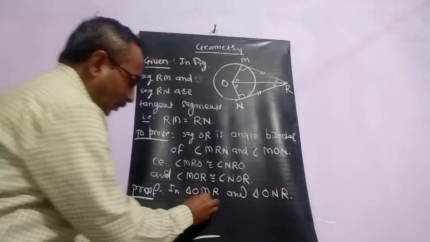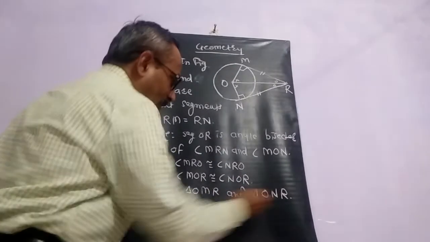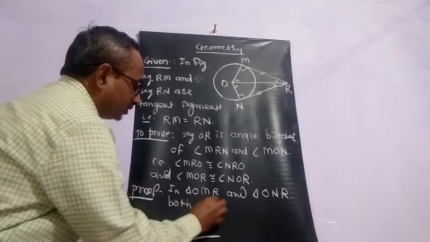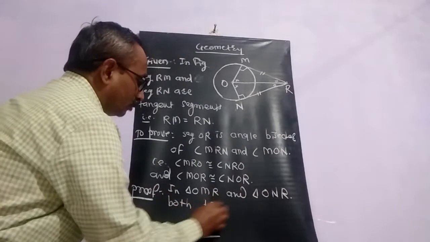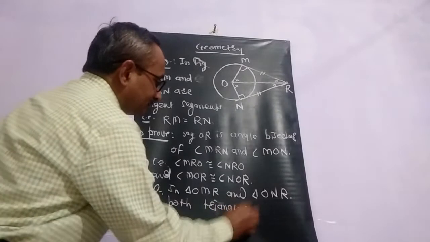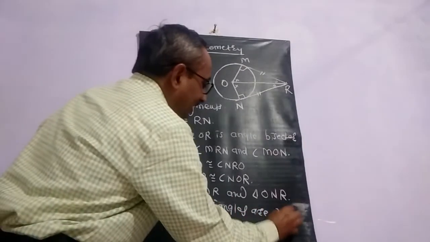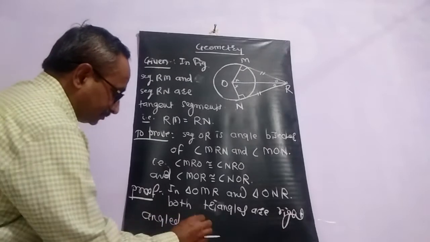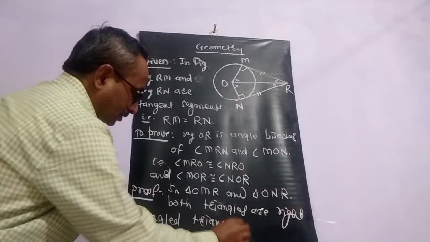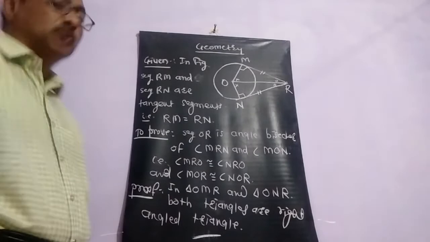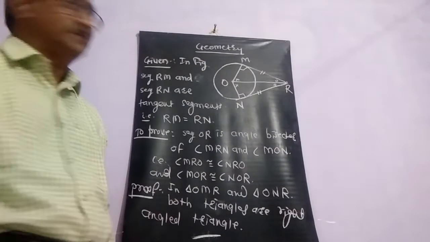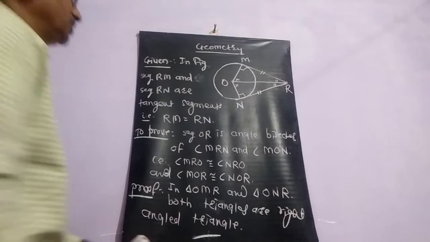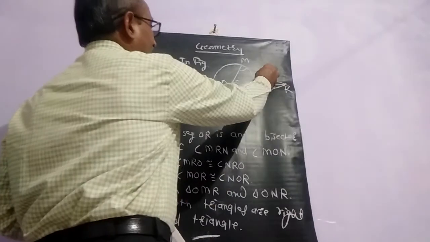So in triangle OMR and in triangle ONR, both triangles are right angled triangles. दोघे त्रिकोण हे काटकोन त्रिकोण आहेत. मग असे दोन त्रिकोण आपण या ठिकाणी कन्सिडर केलेले आहेत. मग या दोन त्रिकोणांमध्ये बघा काय काय माहिती आहे आपल्याला.